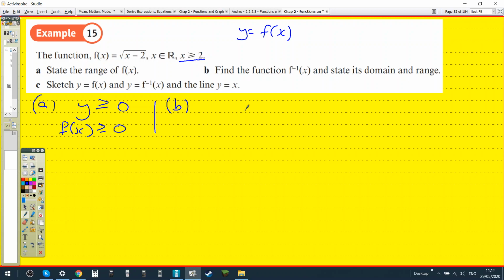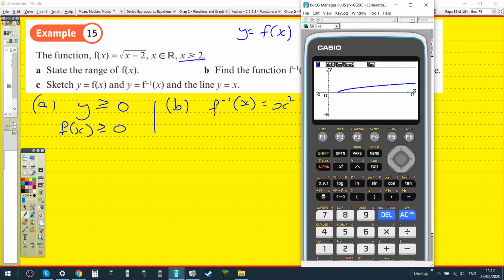So I got that x squared plus 2 is equal to y. So f of minus 1 x is equal to x squared plus 2. What is its domain? What is its range? And then I can just put that into my calculator, can't I? Yeah.